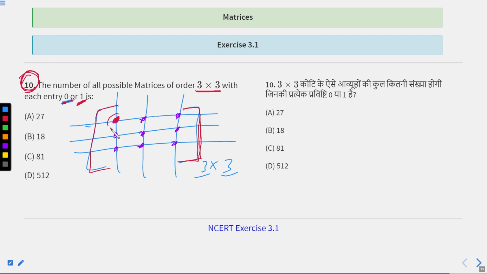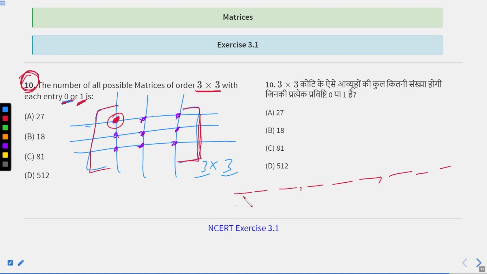So at this position, what can you choose? 0 and 1. You can choose any. Suppose you are having how many positions? 9 positions. 3, 3 and 3. Say this is my first position and this is my last entry of my matrix.